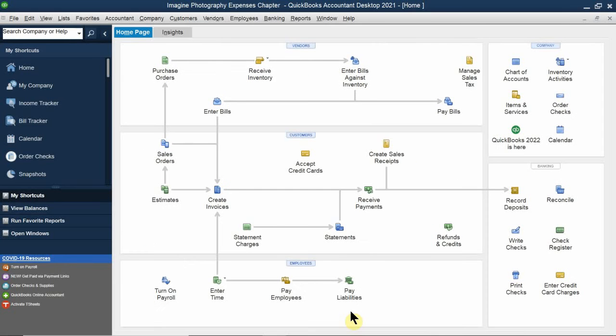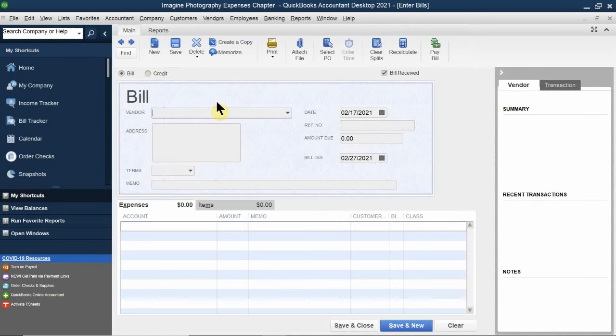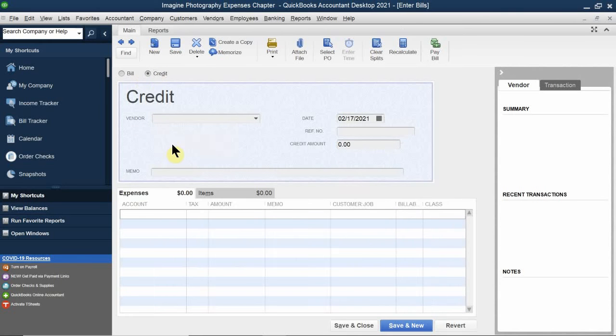Then, because we have such a good connection with Nellis Distributing, they decided to credit us $25. They decided to give us a discount for $25. Now, how do I enter a credit? Any way that you are able to enter a bill, at the top of the window you have bill, or you can add a credit.